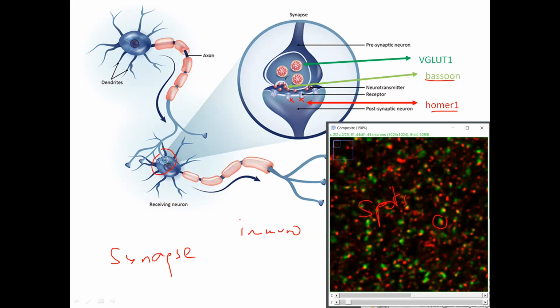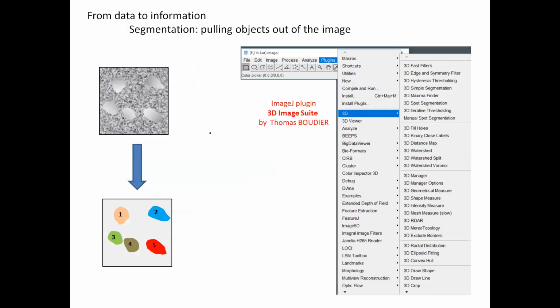To do so, I need to do segmentation. The idea of segmentation is that an image always has different intensity levels, gray levels of intensity, and you have some noise, of course. What you want to do is to spot the objects.